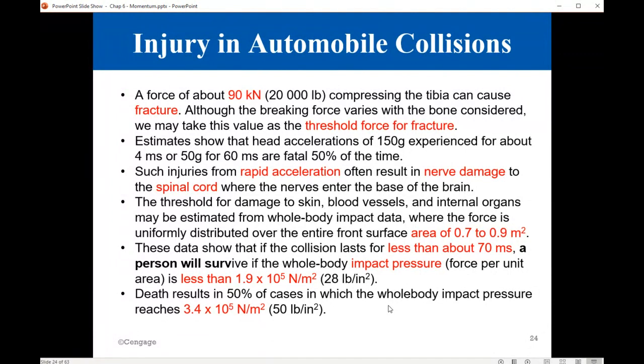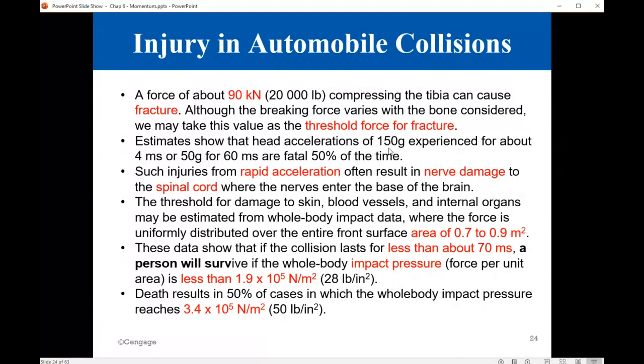In general, estimates show that head accelerations of 150 G, where G is 9.8 meter per second squared, the gravitational acceleration of Earth, can cause injury and harm to a human 50% of the time.